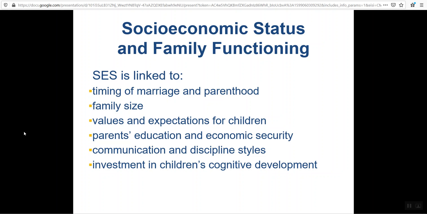These are all correlational relationships, where socioeconomic status is linked to the timing of marriage and parenthood, family size, values and expectations for children, parents' education and economic security, discipline styles, and focus on the child's cognitive development and early reading skills.